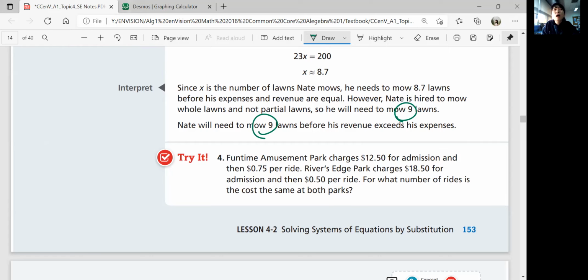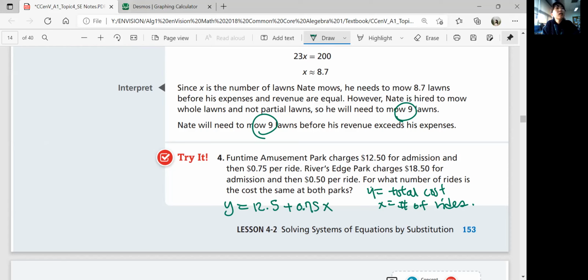Okay, what do we not know? What are the variables? The number of rides. Okay, y is gonna be total cost, and x is gonna be number of rides. So Funtime Amusement Park, they're gonna pay $12.5 for admission, plus $0.75 per ride, which is x, number of rides.